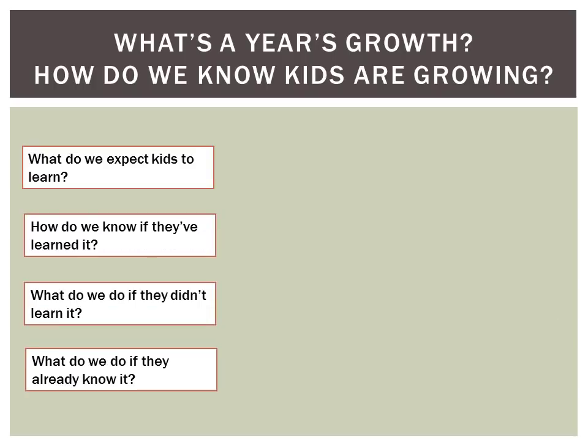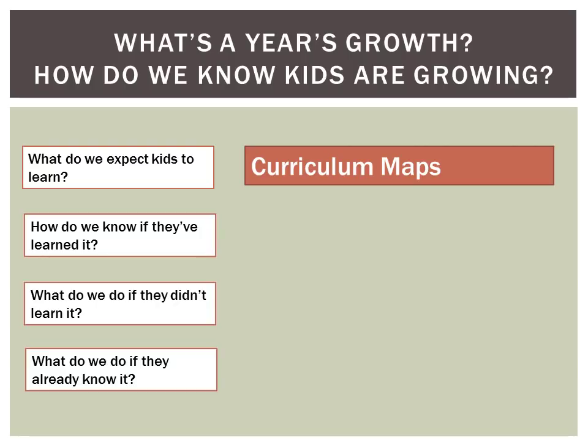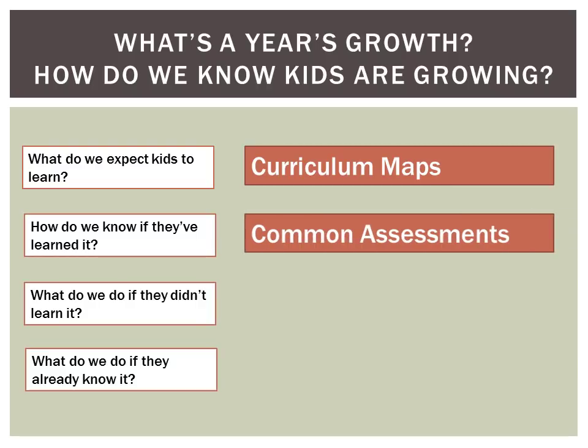The structures that we create around DuFour's questions build our teacher collective efficacy and greatly impact student learning. So what are those structures? The first structure that all teachers and teams need are curriculum maps. These are the standards, the topics, and the common text that we use each year so that all kids, regardless of teacher, know what a year's growth looks like. The second are common assessments.